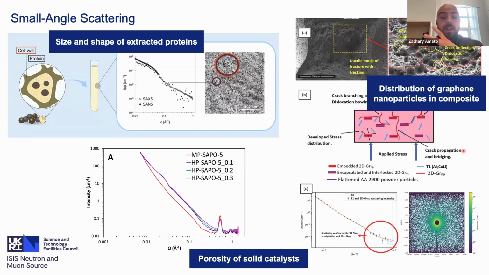They looked at graphene integrated into an aluminium alloy, and they could use SANS to look at the distribution of the nanoparticles in this composite. They could see that they were evenly dispersed across the sample, and they could also look at how this distribution impacts things like precipitation kinetics in their material. So there's lots of stuff that can be done with this technique.